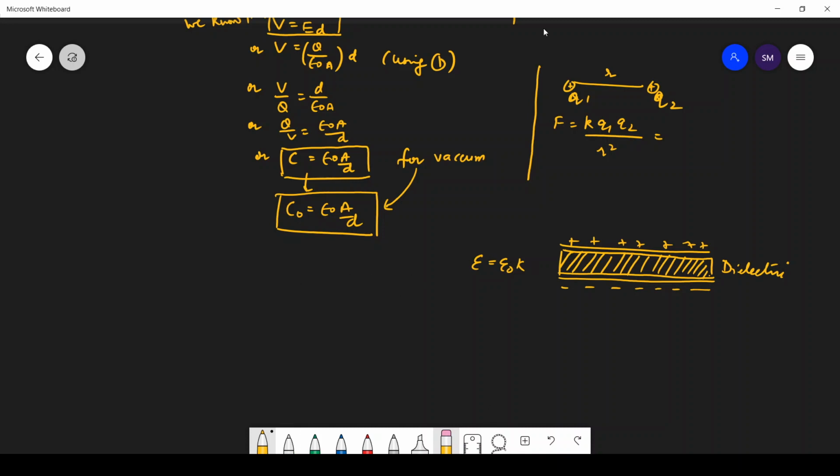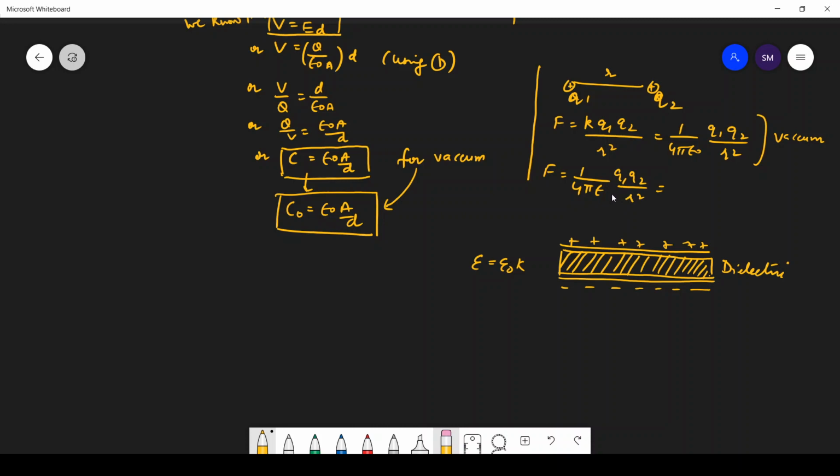So here, what is the value of K? K is equals to 1 upon 4 pi epsilon naught, Q1 Q2 by R square. Now suppose I put a dielectric in between the charges. So what will be the formula? This formula is for vacuum. And if I have dielectric in between the charges, then the formula will be for any material. So instead of epsilon naught, I will have 1 upon 4 pi epsilon, Q1 Q2 by R square.